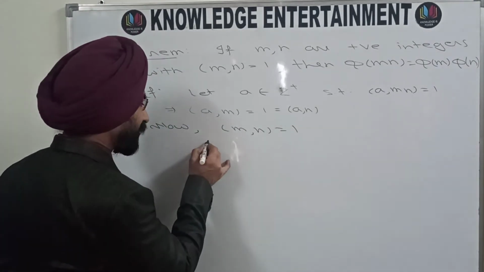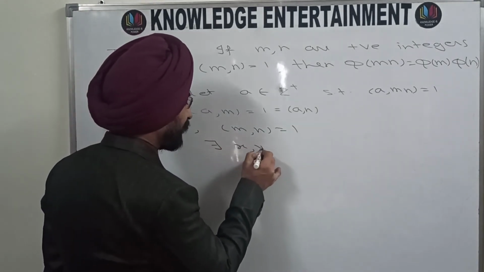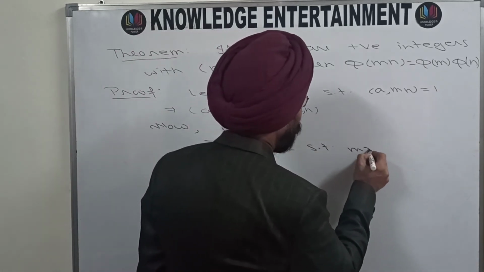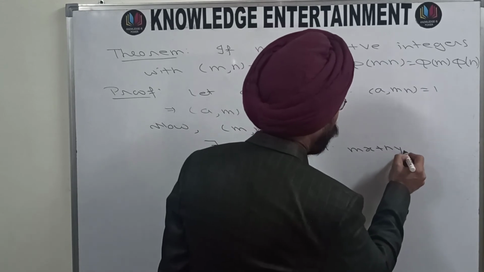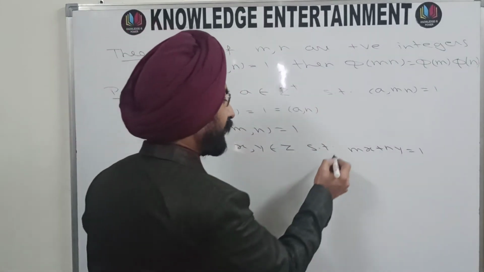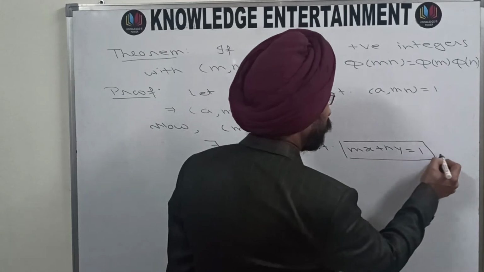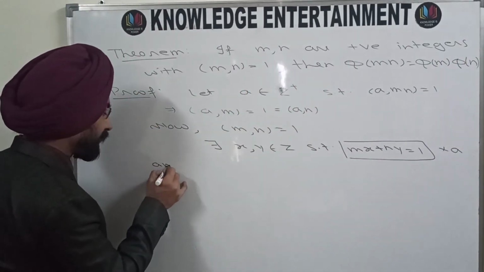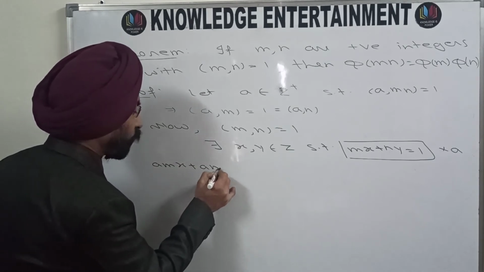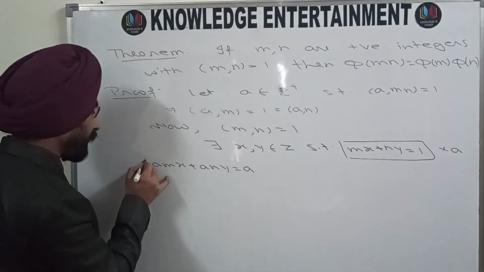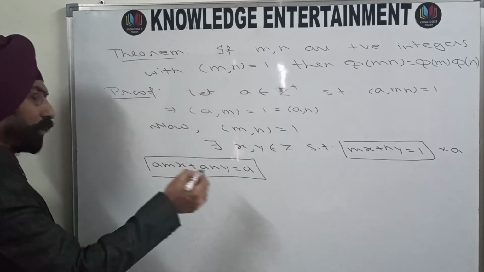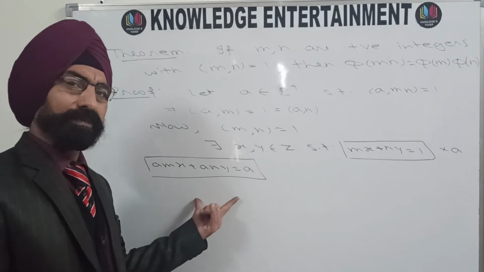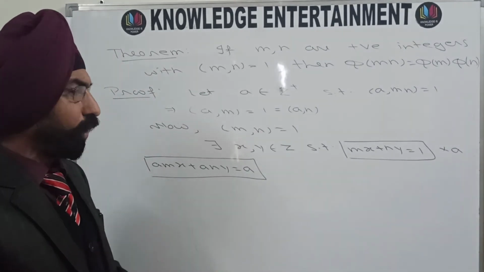So there must exist integers x and y such that mx + ny is equal to 1, and multiply both sides of this equation by a to have amx + any equal to a. Keep it just here and we will use it later when it will be required. So it is an equation we have kept in reserve to be used later on.